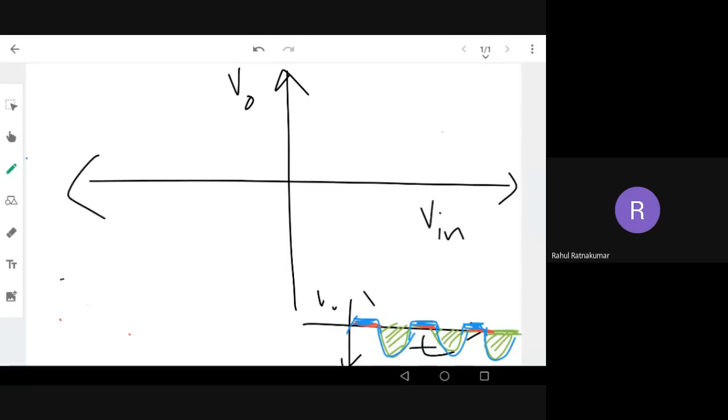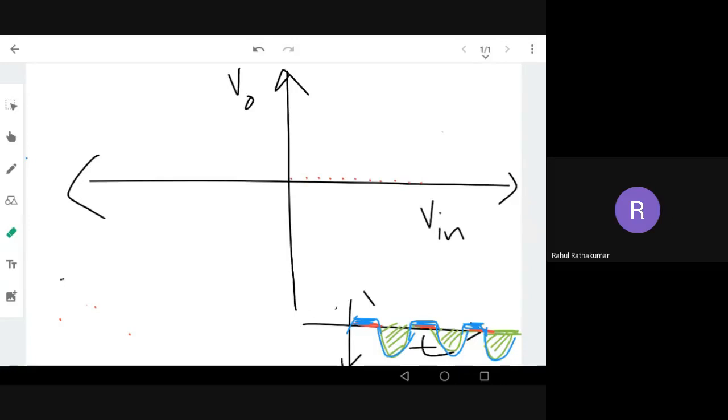We can see that as V in is positive, V out is very less. In the ideal case, V out is very less. As V in is getting very high, let me draw the ideal case first. In the ideal case there is no positive voltage on V out.